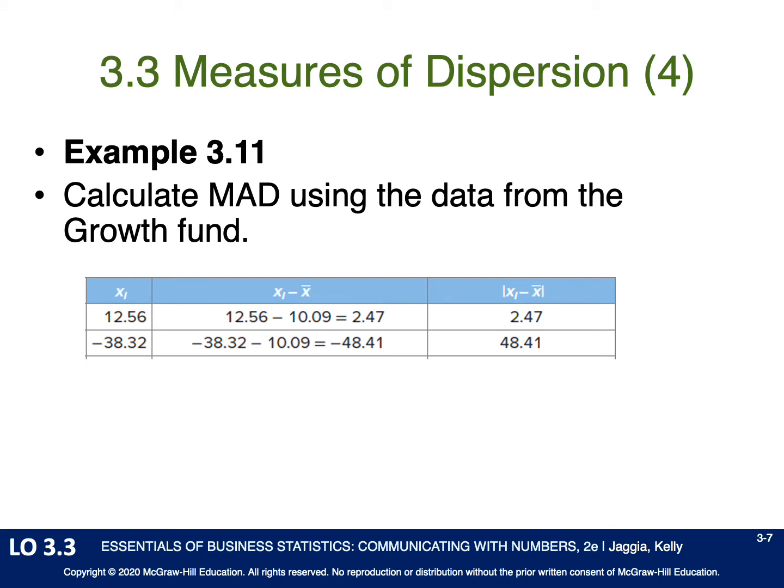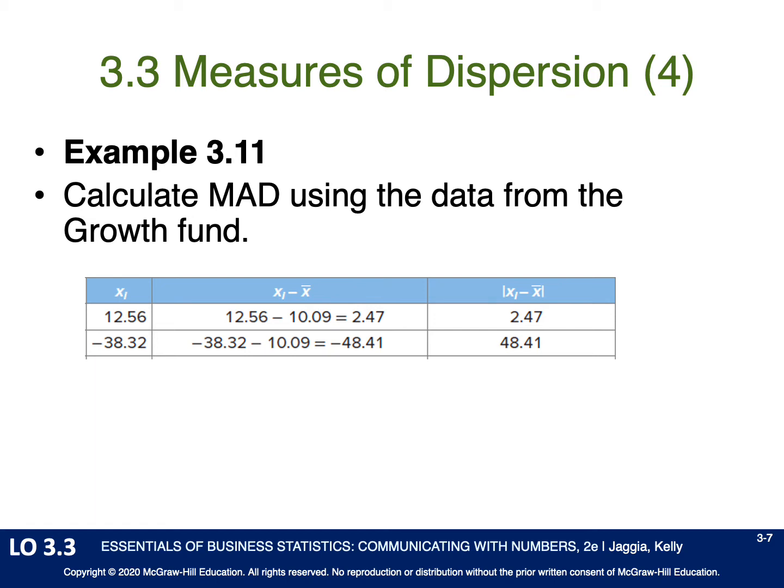If we look at a second observation, they don't have to be in order, it's a negative 38.32. We're going to take that observation minus the mean, which gives us a negative 48.41. But because we want the absolute value, we're going to turn that into a positive number. We'll do that for all 10 of our observations.